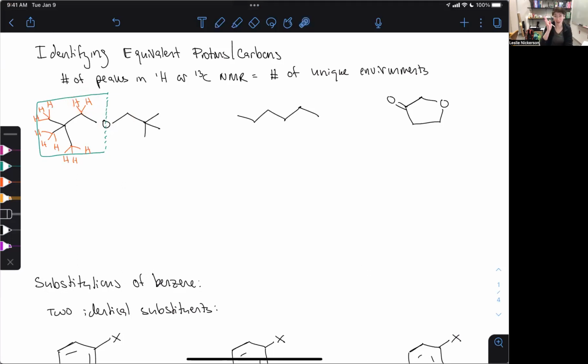There is technically a mirror plane cutting in between those two H's, so these two are equivalent. We're going to mark those as A, so those two are going to show up as one peak. And then these 3 sets of methyls are also going to be one environment. That's going to be B.